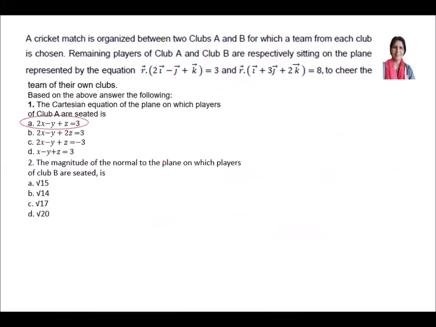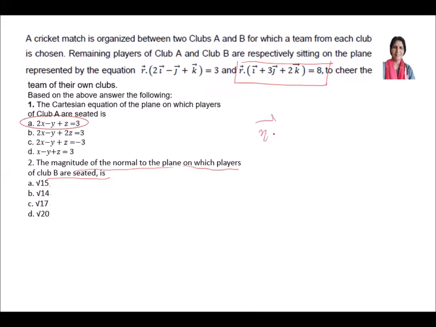Next, we'll go for question number 2. The magnitude of the normal to the plane on which the players of club B are seated. The options are square root 15, square root 14, square root 17, square root 20. This is a very basic question, because the question is asked about the magnitude of the normal of plane B. Plane B is again in vector form, the vector equation of the plane. We have to find the magnitude of the normal.